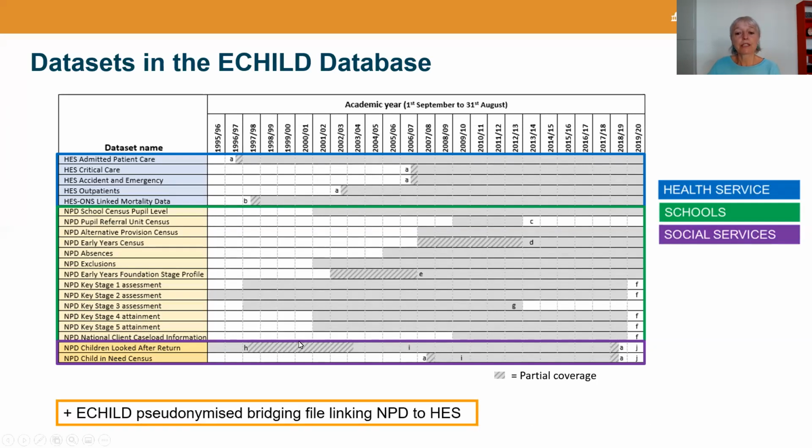But a very important component of EChild is the de-identified or pseudonymized bridging file that links together the pseudonymized HES ID to a pseudonymized pupil matching reference number, thereby linking HES data to education data within the ONS.